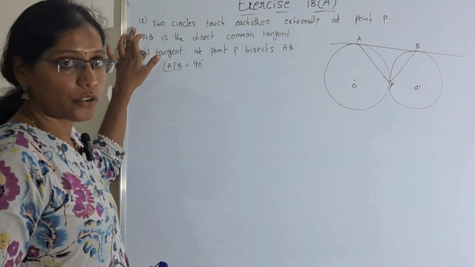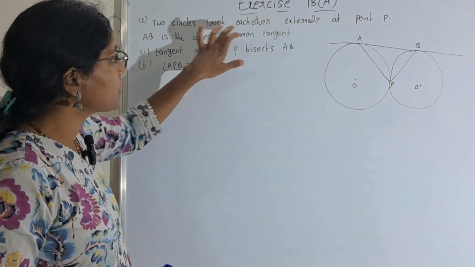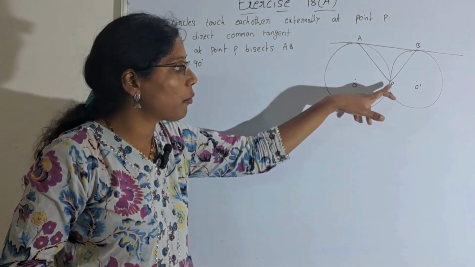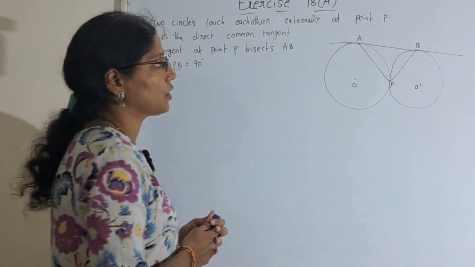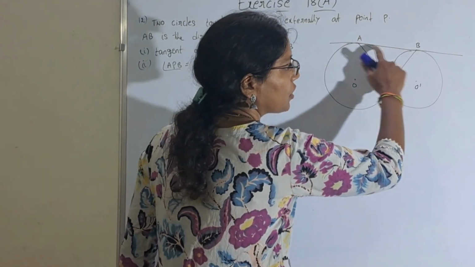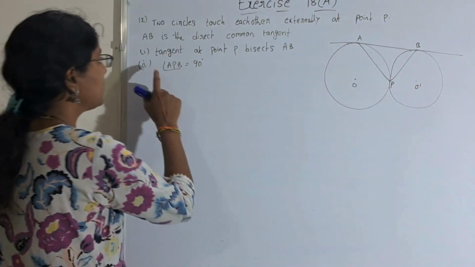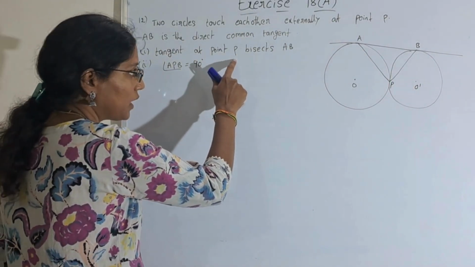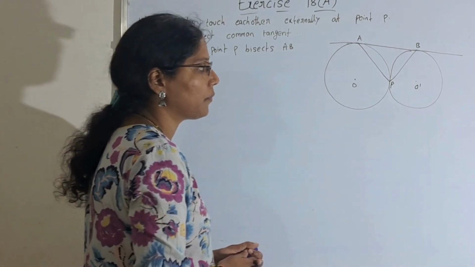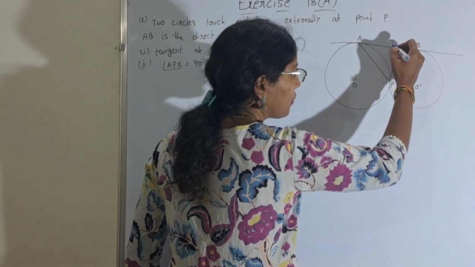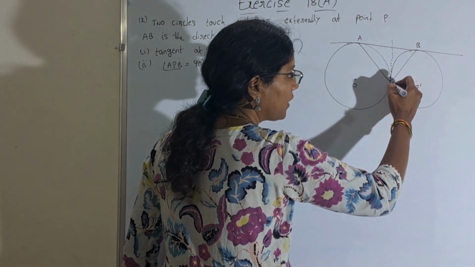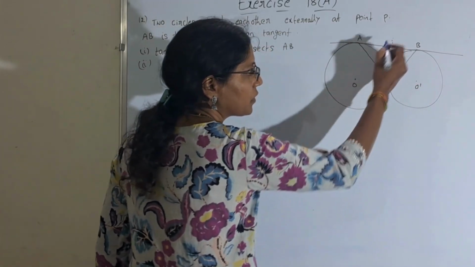Next, 12th question. Here two circles touch each other externally at point P. Here AB is the direct common tangent of these two circles. The tangent at point P bisects AB. Here P is bisecting AB. That we have to prove. We should draw a line here.